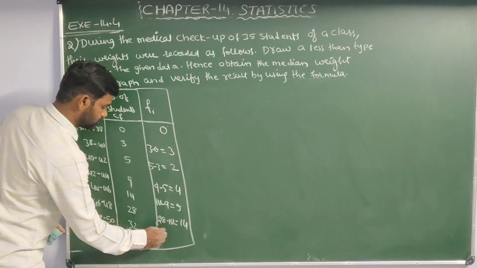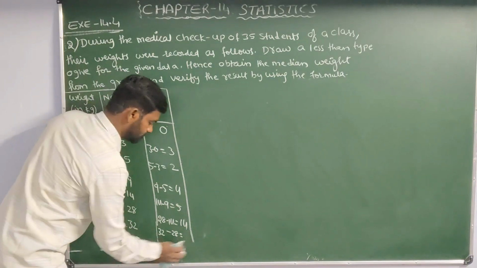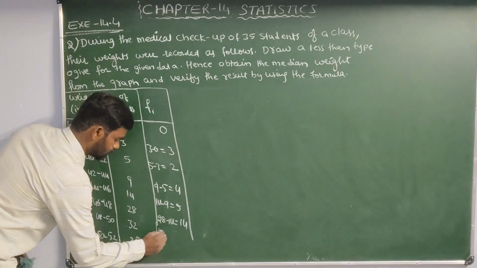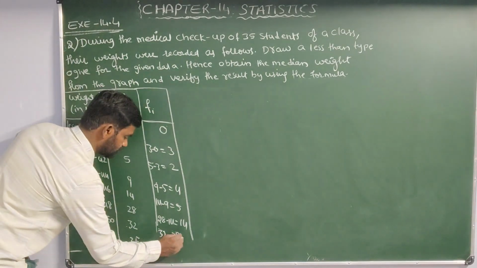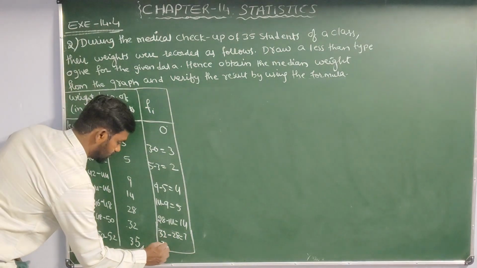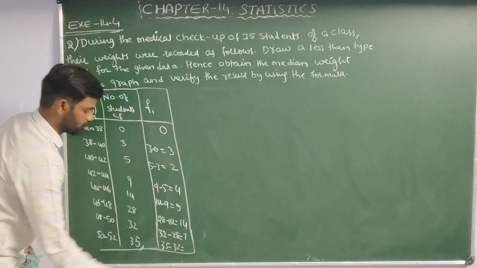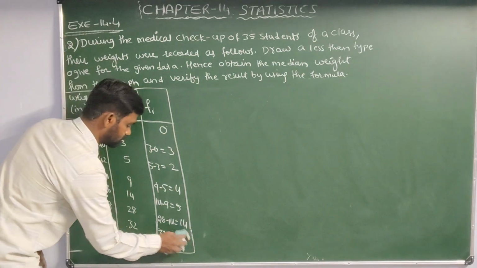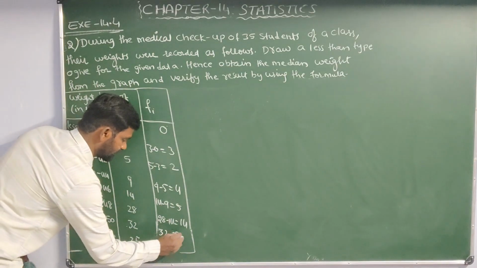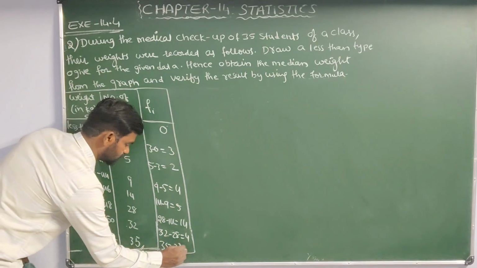Next, 32 minus 28, so that is equal to 4, and 35 minus 32 is equal to 3.